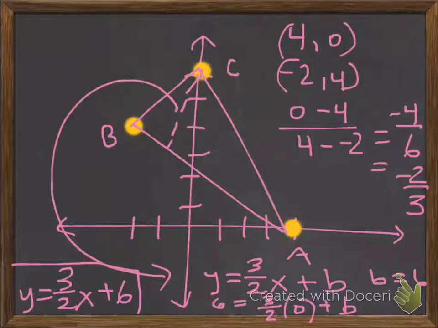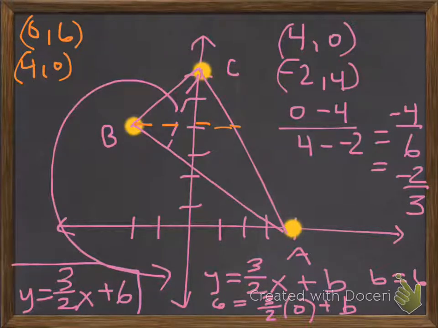Now our second step would be to find the equation of another one of our altitudes. So let's say I do the altitude B over to line CA. That means we're doing the same steps as we did before, so we need to find the slope of CA this time, which C is 0, 6, and A is 4, 0.